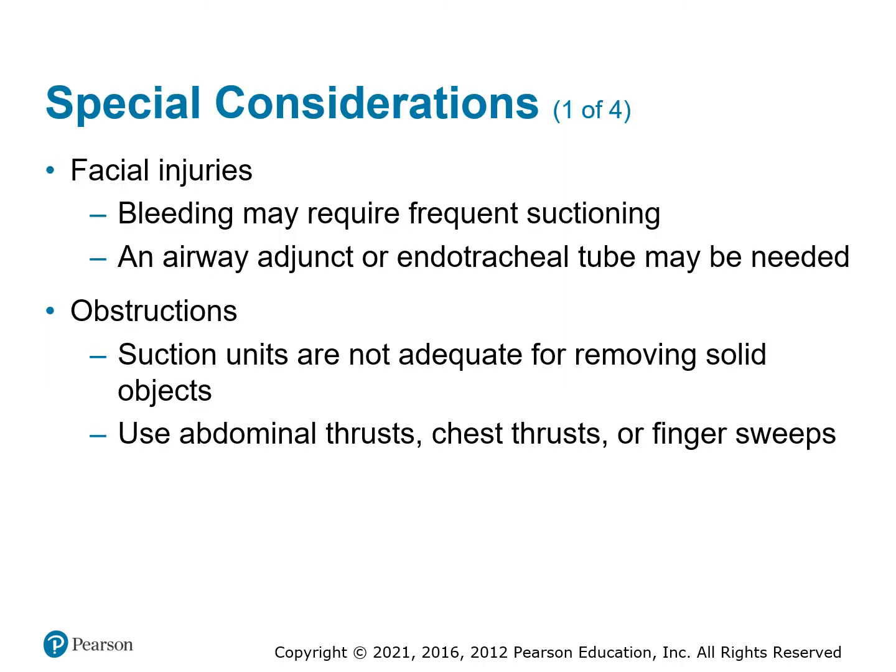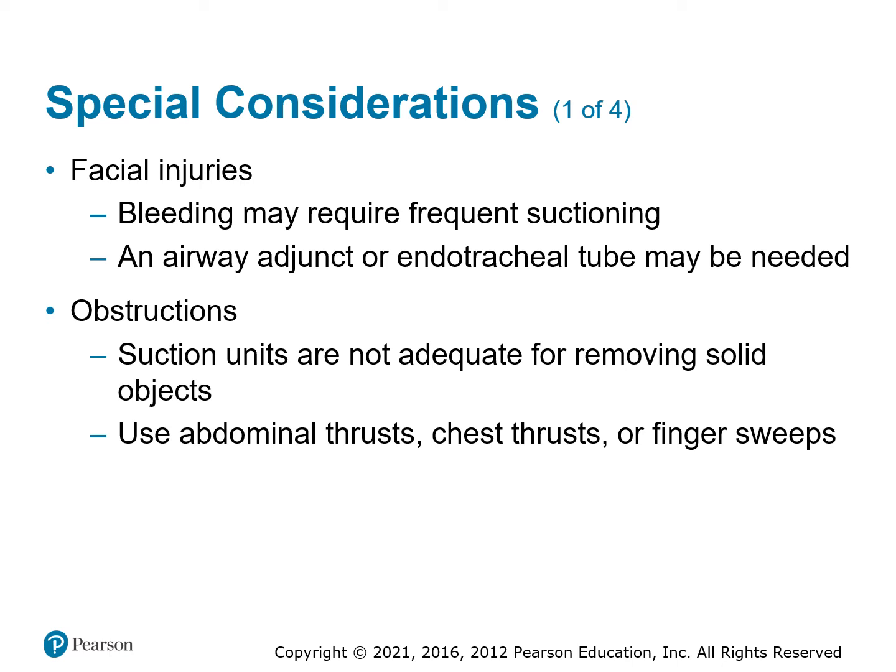Remember, each patient may present with some unique challenges. Individuals with facial injuries that require supplemental oxygen, we may run into some issues with bleeding. If they have a lot of bleeding and we've got to keep that airway clear, suctioning may be something that we have to do frequently.